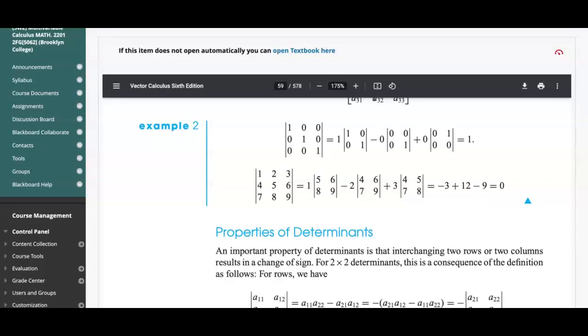And when the determinant is 0, it has a geometric meaning. And when the determinant is not 0, it also has a geometric meaning. So the absolute value of the determinant of a matrix: each row we could think of as a vector, right? So here we have 3 vectors.